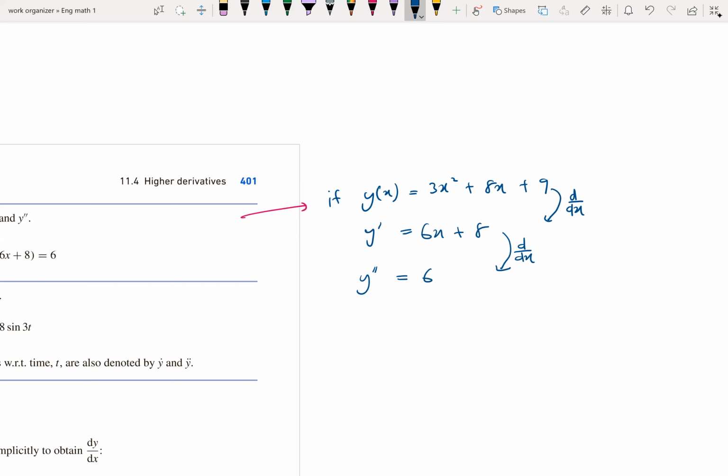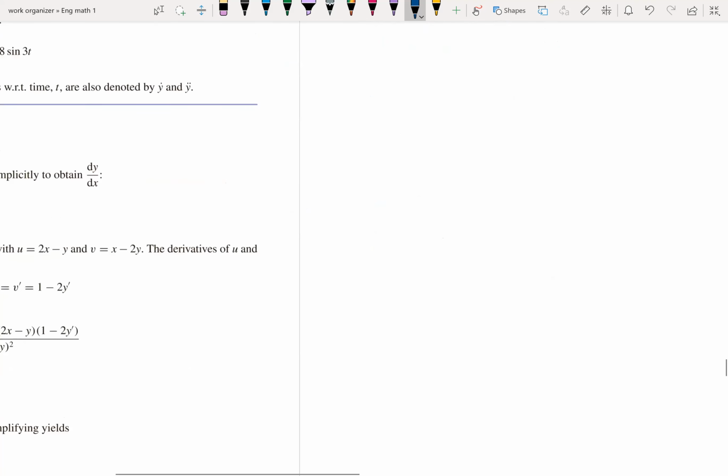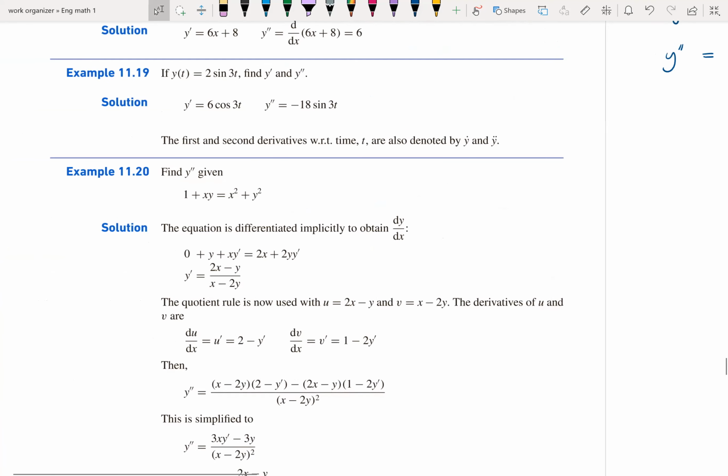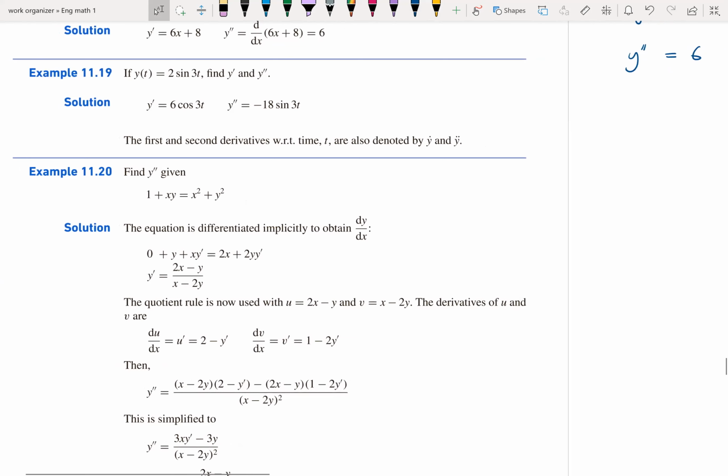Okay, so let's have a look at the last example, which is 11.20.